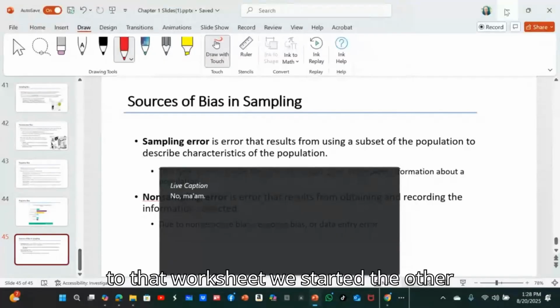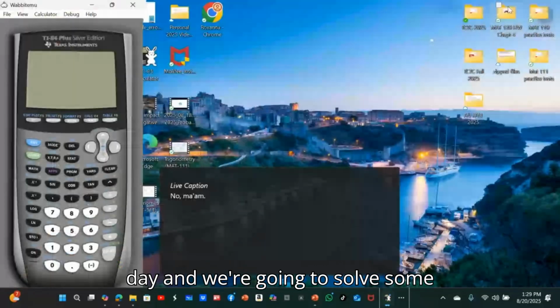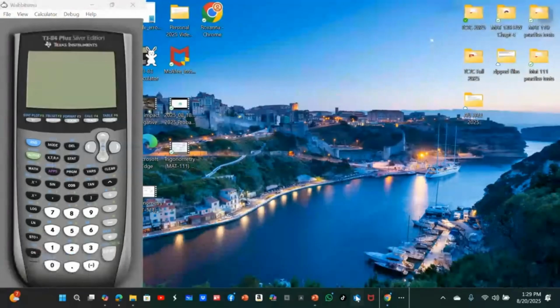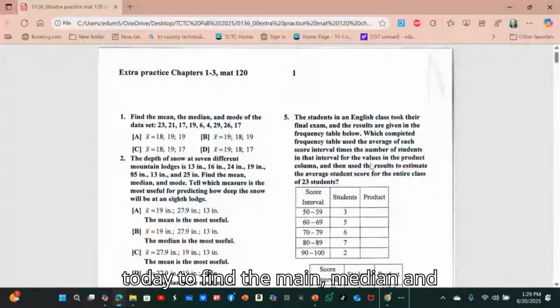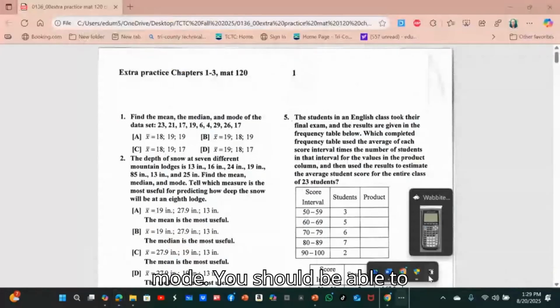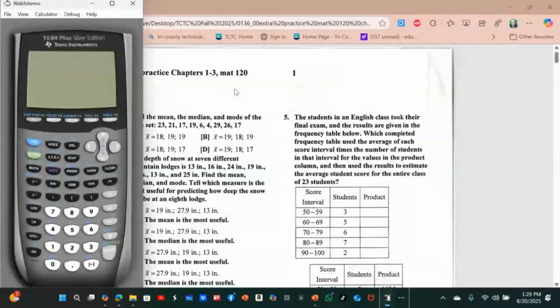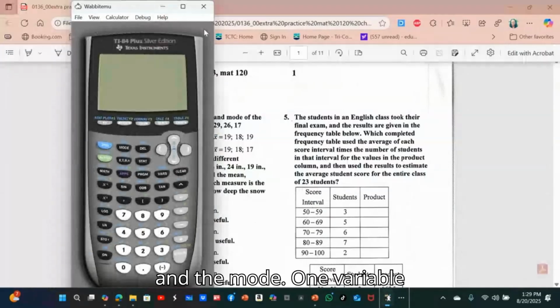Let's get to that worksheet we started the other day, and we're going to solve some problems. I want us to use our calculator again today to find the mean, median, and mode. You should be able to use your calculator to calculate the mean, the median, and the mode.